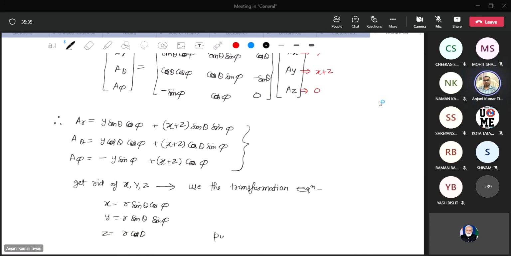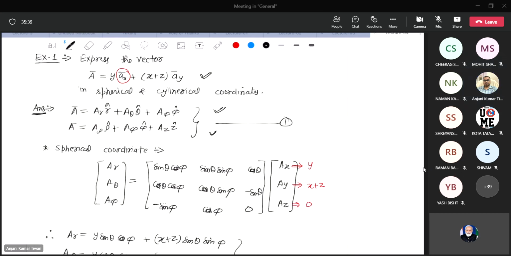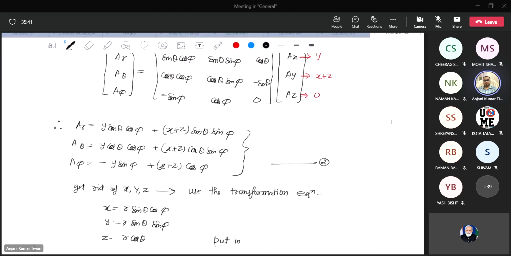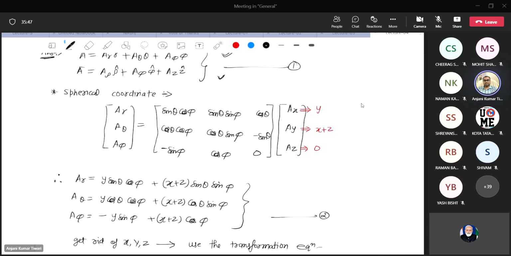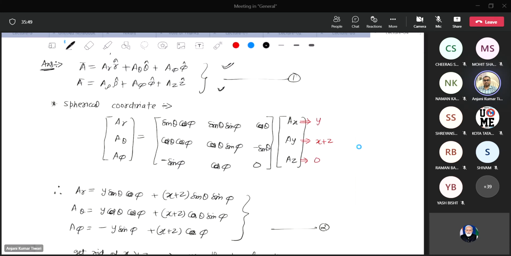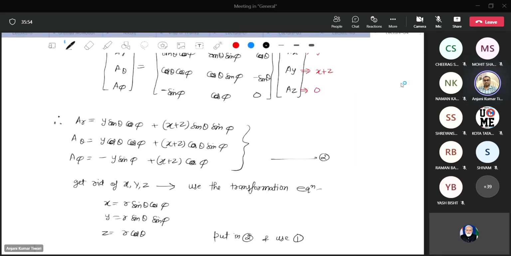Let me call it equation number 2. So put it in 2, and you can use 1, because we have to put it here and then write it in this form.